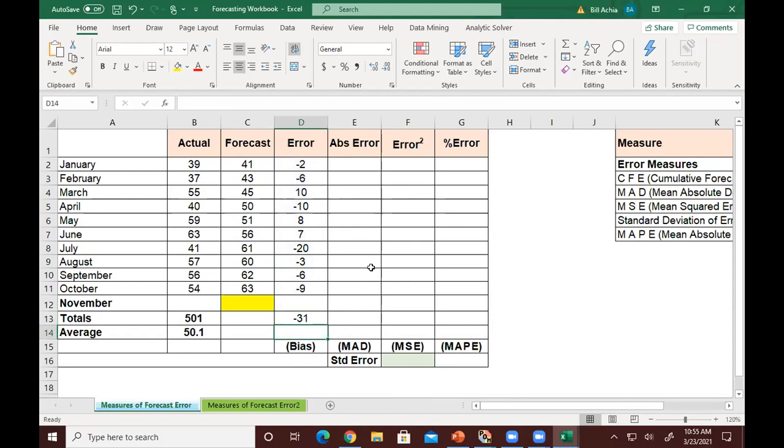Okay. And this value of 31 gives me an initial measure of bias. Okay, and bias in forecasting is you basically try to decide, do I usually forecast too much or do I usually forecast too little? Okay, if you have a negative value here, then it tells you that on the basis of the information you have here, for the most part, your forecast is usually higher than your actual demand is.